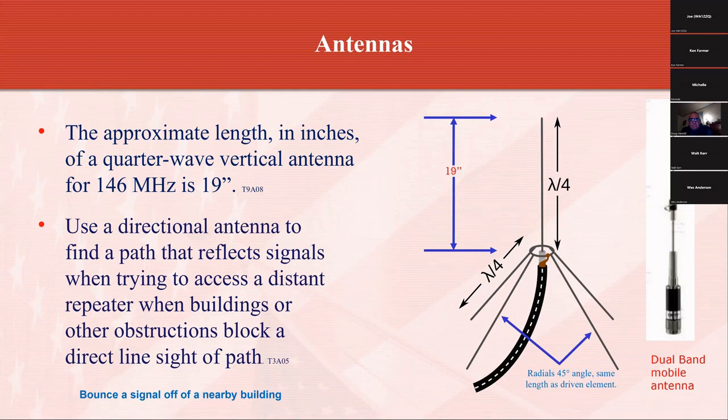And there are ways to make an antenna directional. If you have a blockage along your line of sight path, which means the direction you're looking towards the receive station, and you can't see the receive station, think of a pool table. If you're shooting a ball and there's something in your way, what do you do?